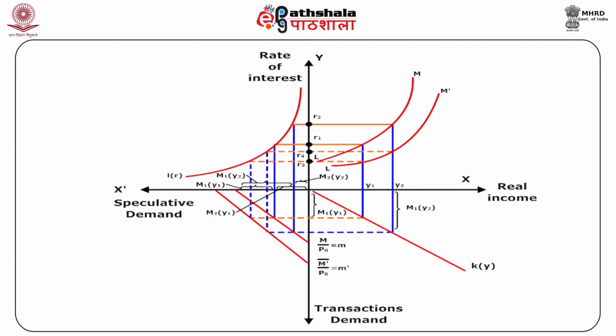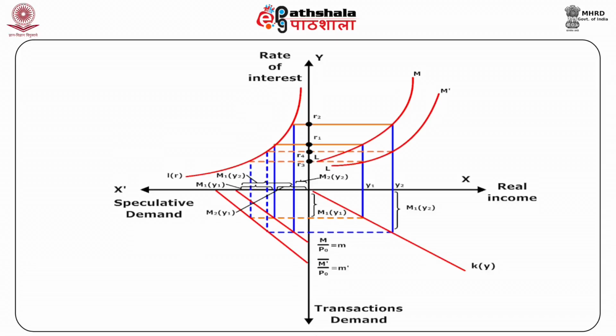Therefore, please look at the rate of interest which is associated with y1, but it is at a lower level. This is R3. So given R3, we have a level of m2 which is fulfilling the gap between the same level of m1 and the increased level of money supply.